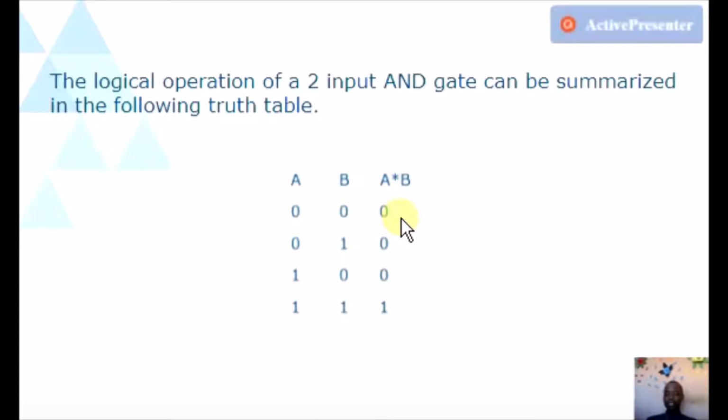The simplest way of getting the result is by multiplication. 0 times 0 will give you 0, 0 times 1 will give you 0, 1 times 0 will give you 0, 1 times 1 will give you 1. As simple as it sounds. Very simple. Now, let's move ahead.